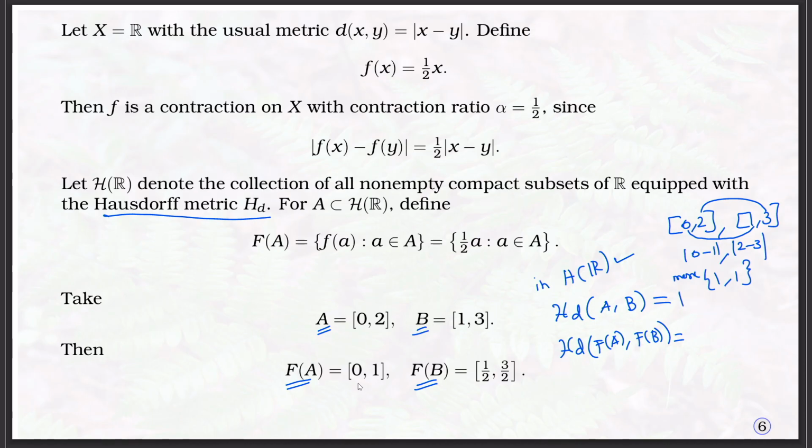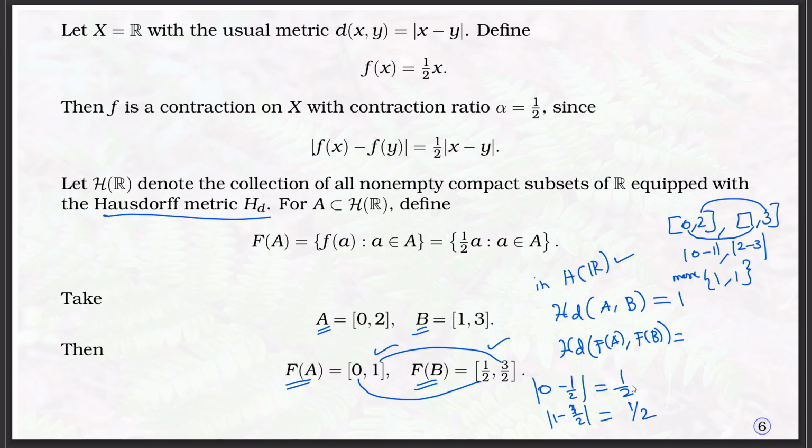Now we can find the distance between these two sets. Find the difference between this element and this element, and this element and this element, and take the modulus. So it is 0 minus 1 by 2, we can get 1 by 2, and 1 minus 3 by 2, so one can get 1 by 2 again.